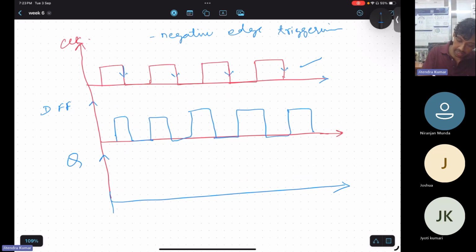Whatever will be the input at this instance of the D, that will be equal to Q, okay? So at this instant, we are going to map, so the D value is going to be 0, okay?